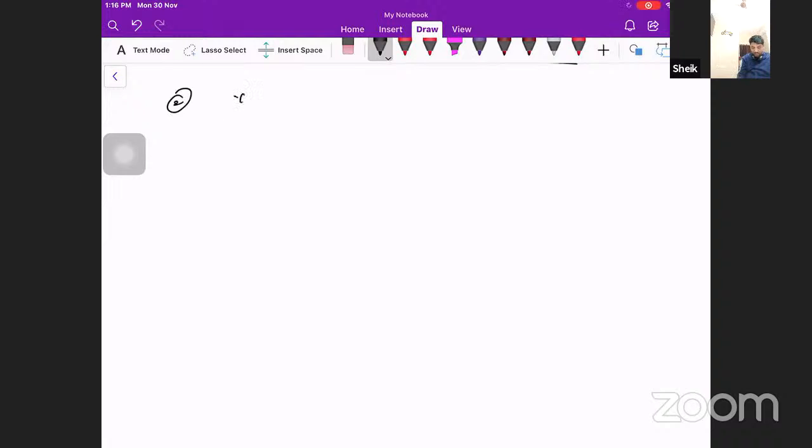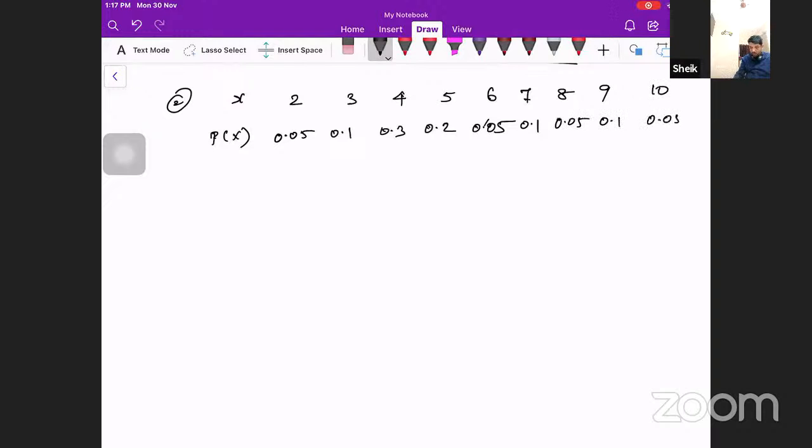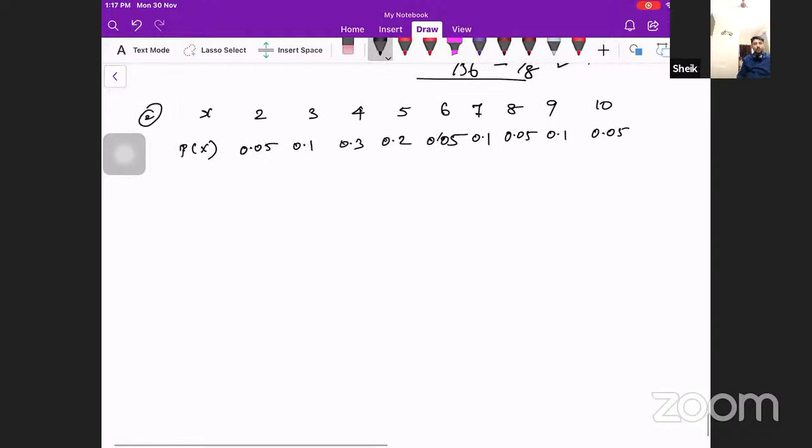X is 2, 3, 4, 5, 6, 7, 8, 9, 10, and P of X is given as 0.05, 0.1, 0.3, 0.2, 0.05, 0.1, 0.05, 0.1, and 0.05. When you add, you will be getting 1 only, of course.